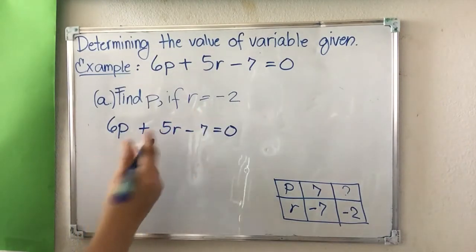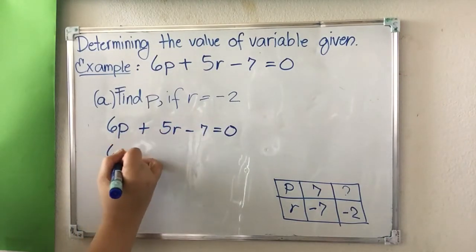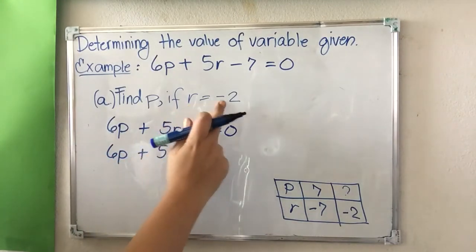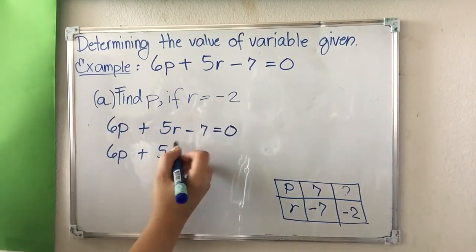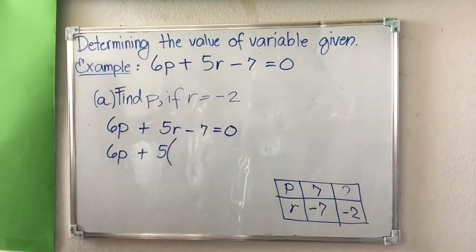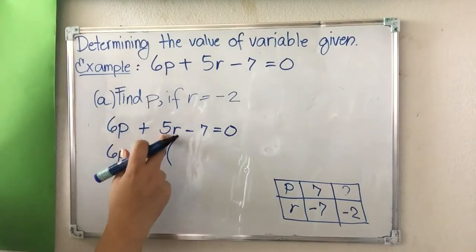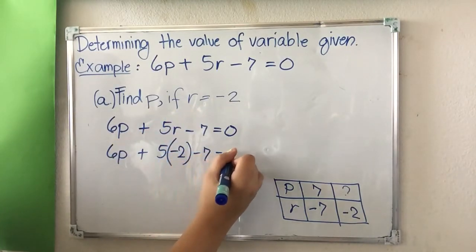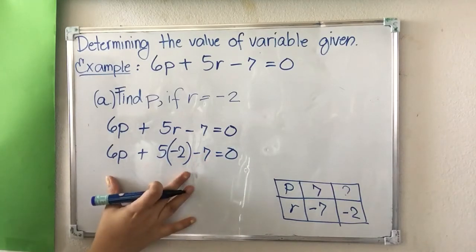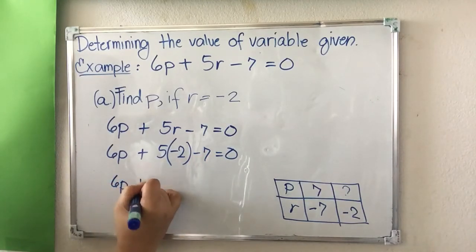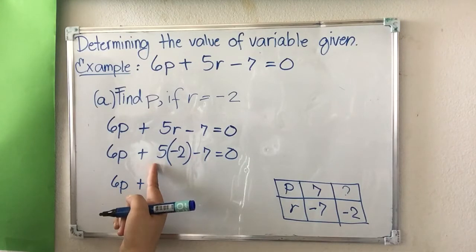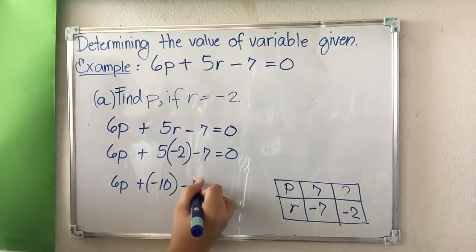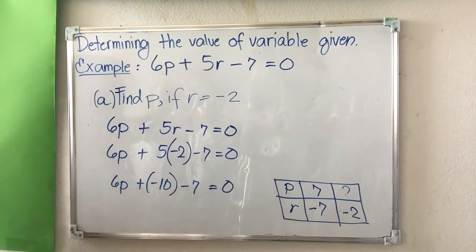So let's try. Simplify, copy this one: 6P plus 5R minus 7 is equal to 0. Substitute our R to negative 2. Next we have 6P plus 5 times negative 2, that is negative 10, minus 7 is equal to 0.